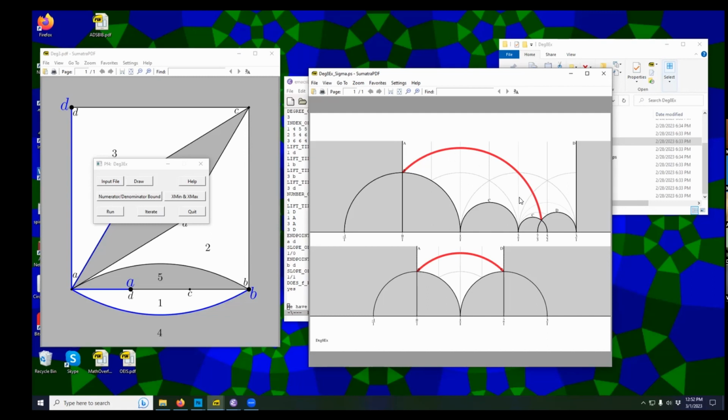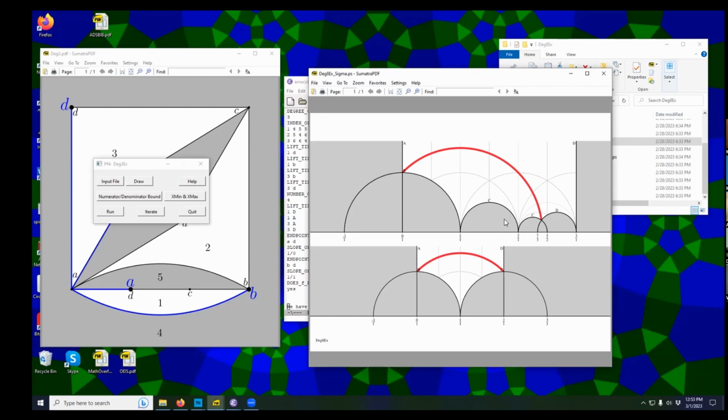Reflection about the red geodesic takes the Jordan domain here to itself. And it corresponds to reflection about this red geodesic. So reflecting about this geodesic corresponds to reflecting about this geodesic. And these two geodesics are actually equal.